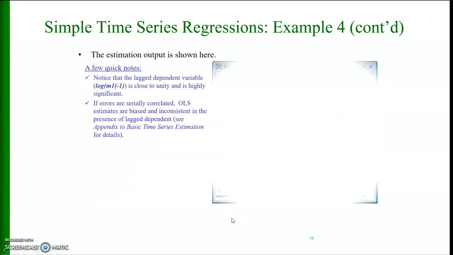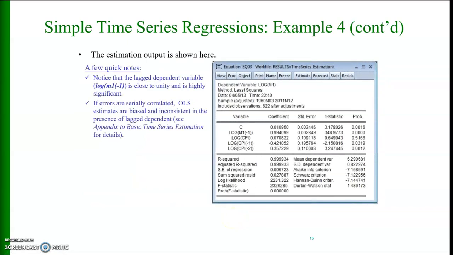If I do that, the results are here. Now if we look at these, we will notice that the lagged dependent variable of log m1 is close to unity and is highly significant. If errors are serially correlated, OLS estimates are biased and inconsistent in the presence of lagged dependent variables.